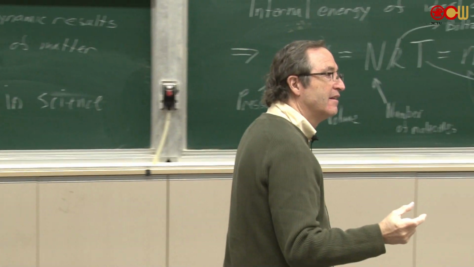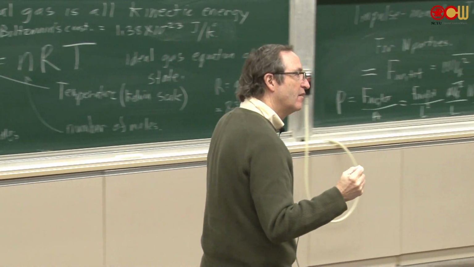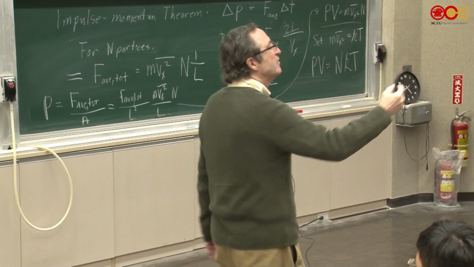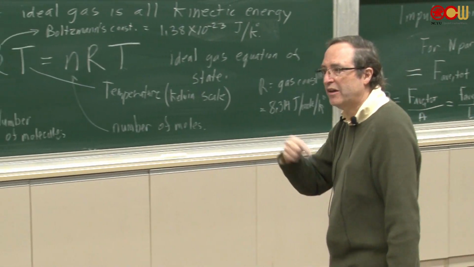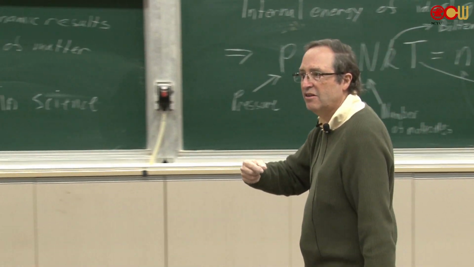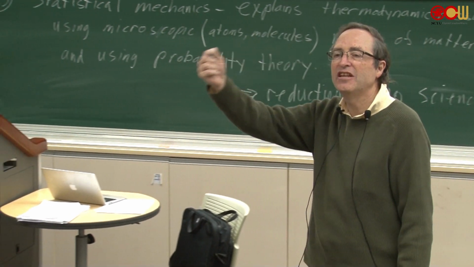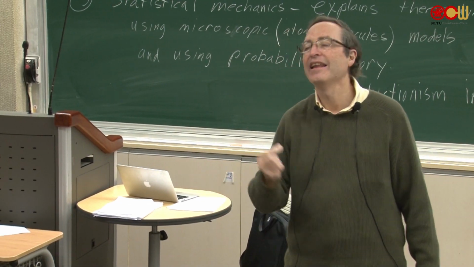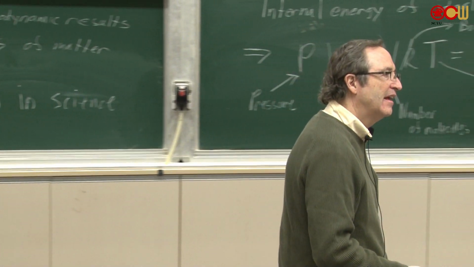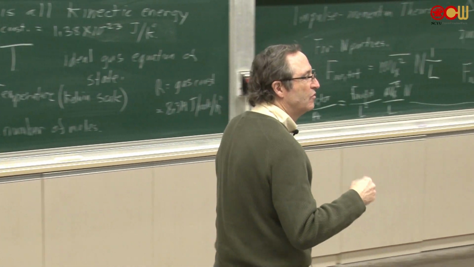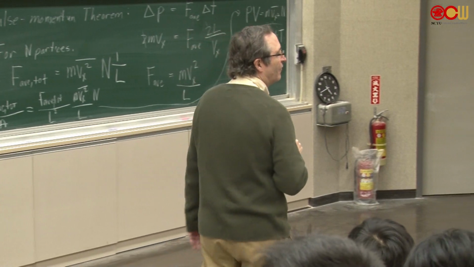Why did the ice melt on the iron? Because the iron conducts energy much quicker. All right? So it could give energy to the ice cube a lot easier. That was due to conductivity, not due to just the temperature difference.